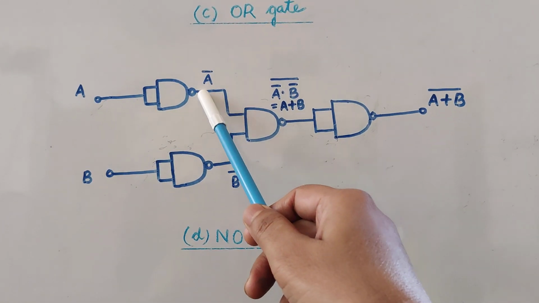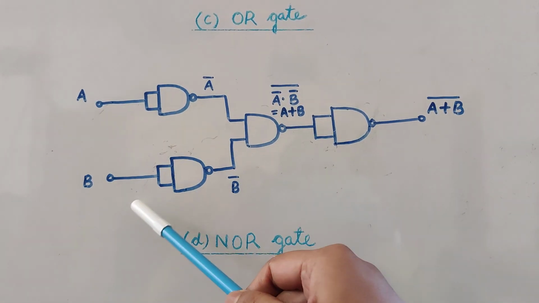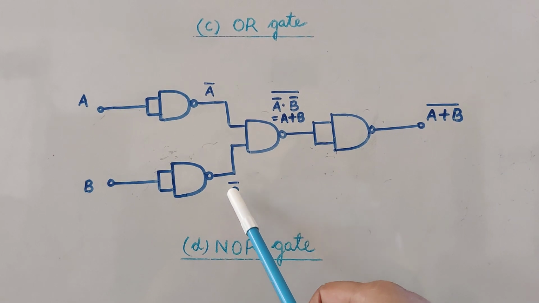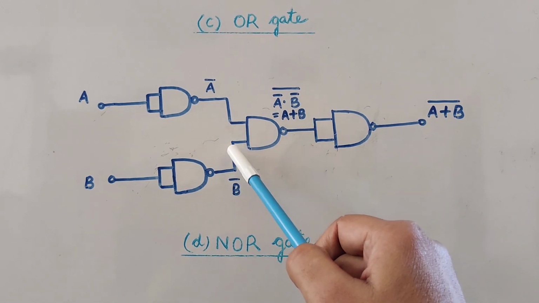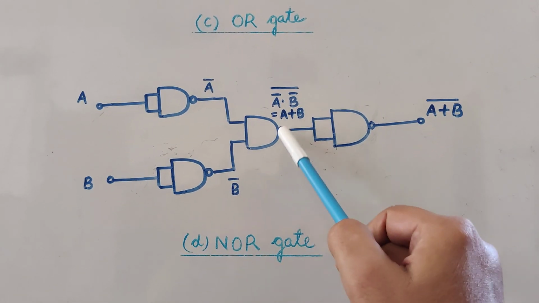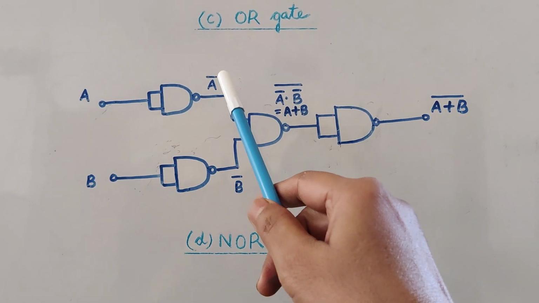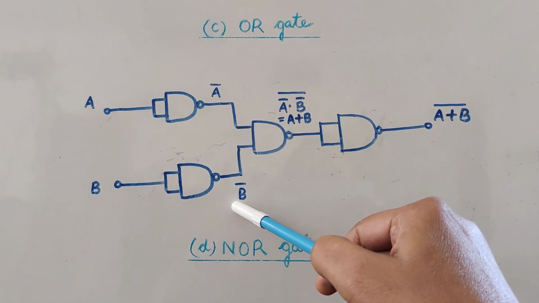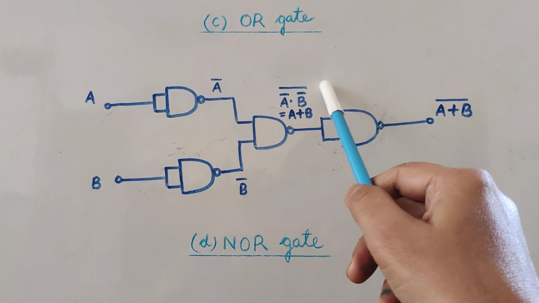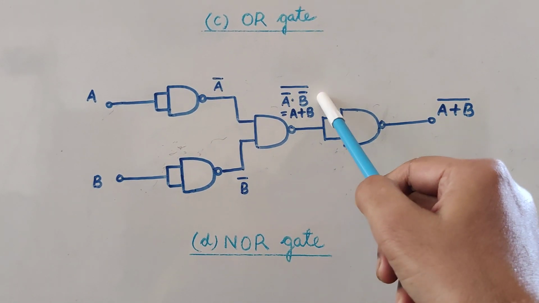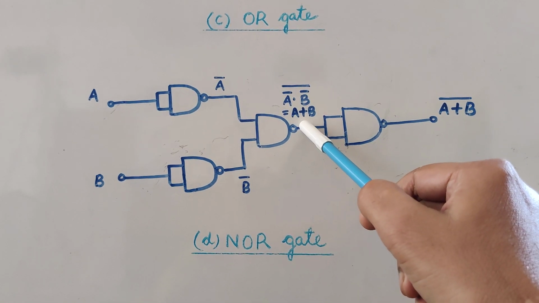So this gate will give the output as the complement of A, and this gate will give the output as the complement of B. Now when these two outputs are given to the input of the third NAND gate, the output obtained here will be equal to A complement dot B complement, and when we solve this by De Morgan's theorem, it comes out to be A plus B.